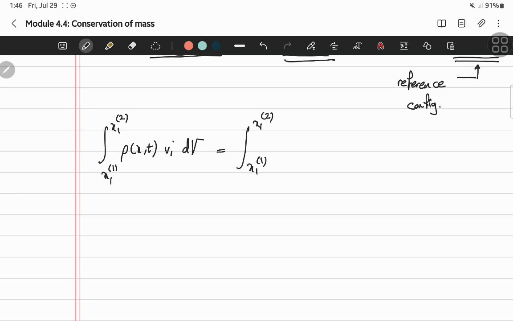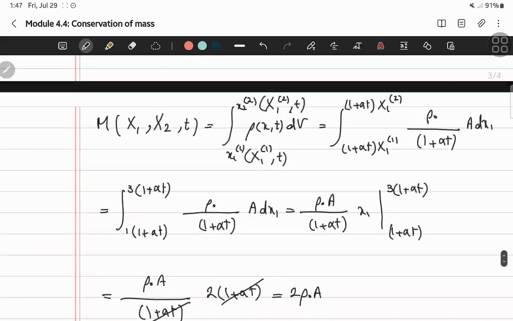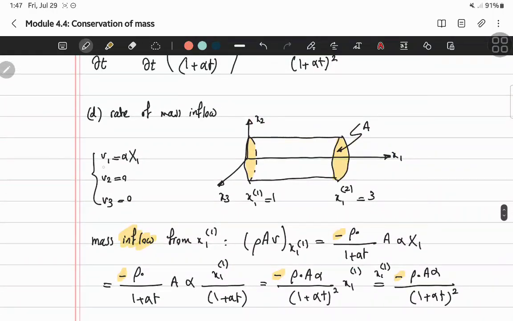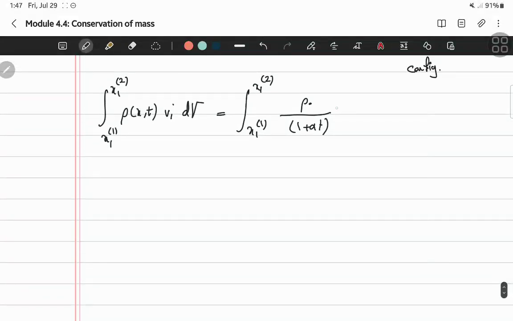Instead of rho, since this is representing m basically, and this is v, so this is the linear momentum. So then we have rho, which was rho 0 divided by 1 plus alpha t, and the only component of v which was not equal to 0 was basically v1. The rest are 0, so we only have v1 e1, because we know that this is a vector. So basically then we have dV, which was A, and it is in x1 direction.